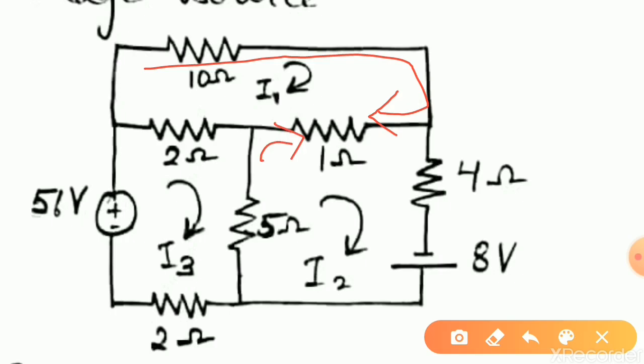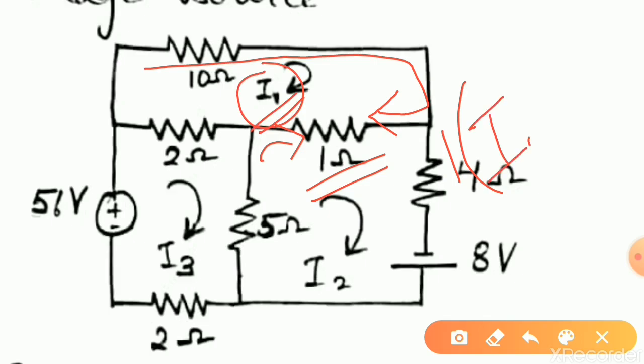That is, the directions of the currents are opposite. So when we write KVL for the 1 ohm resistor, it can be written as 1 into major current. Right now the major current is I1 because we are writing the loop equation for I1. So 1 into major current minus neighboring current I2.